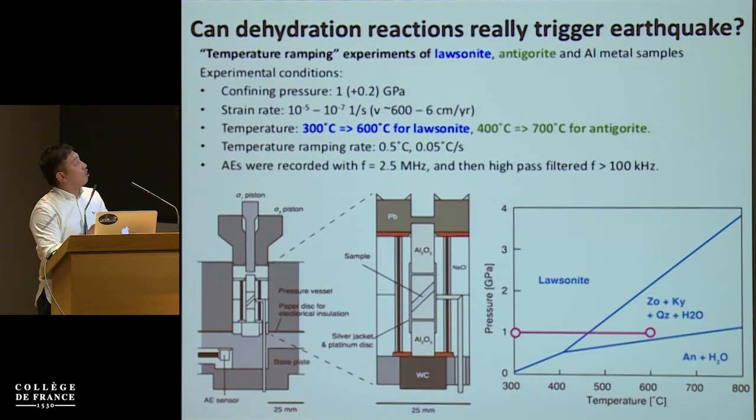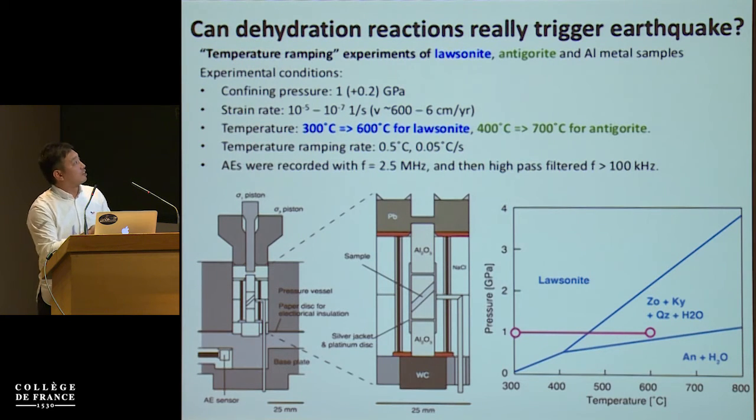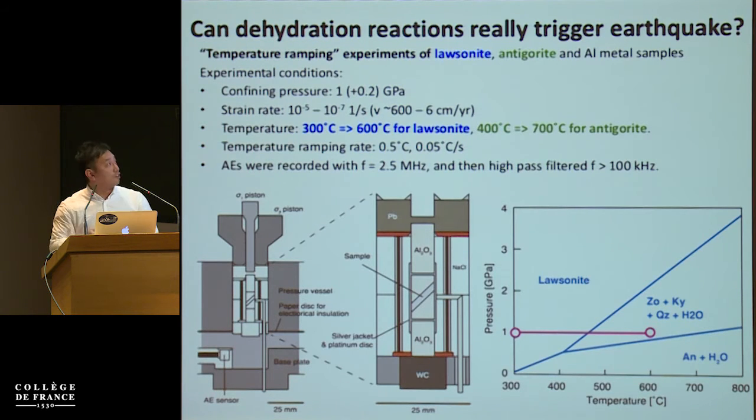For lawsonite, we started the experiment at 300 degrees C and 1 GPa, and during shearing we changed the temperature at different speeds, from 0.5 degrees C per second to 0.05 degrees per second. We also ran the same experiment using antigorite from 400 degrees C to 700 degrees C to induce dehydration, and saw what happened during the experiment.